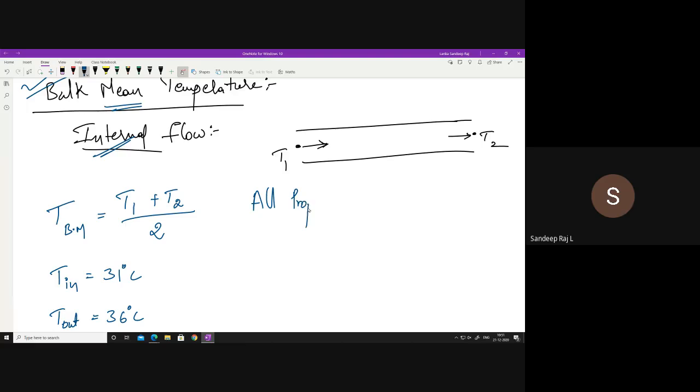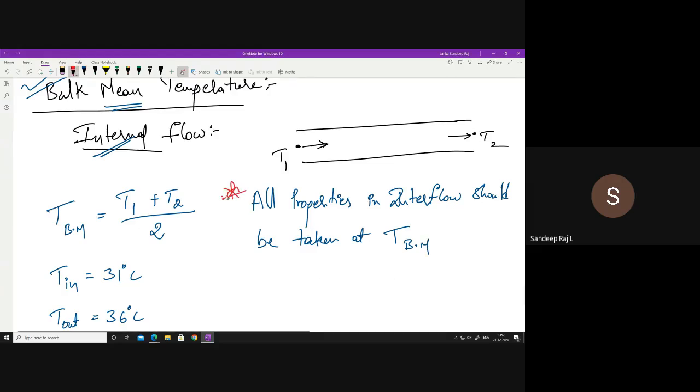All properties in internal flow should be taken at bulk mean temperature. It is very important because the statement is very important, friends.